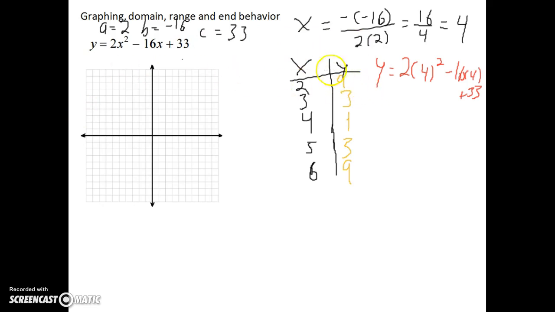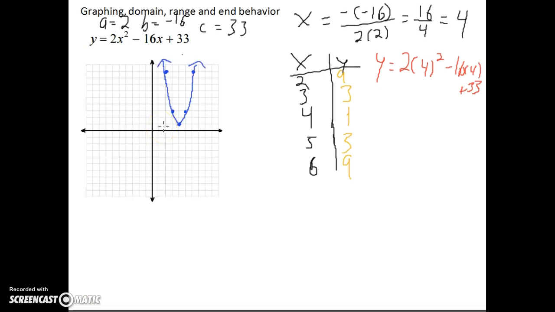So again, after we get our entire table, we get our x's, plug them in to get our y's, or look at the table on the calculator, we plot our points. So you want to get all 5 because you want to get that nice U shape. So as we can see, even before we start to connect them, we can see that U shape forming. And there we have our nice graph. So nice U shape, nice parabola.